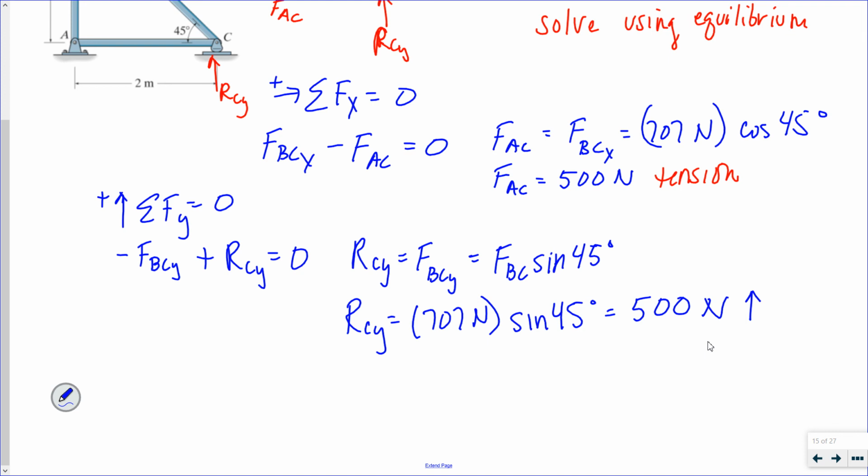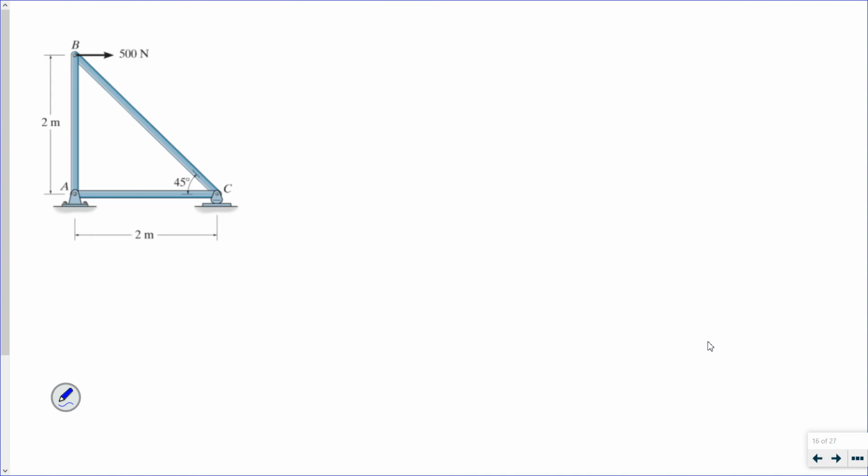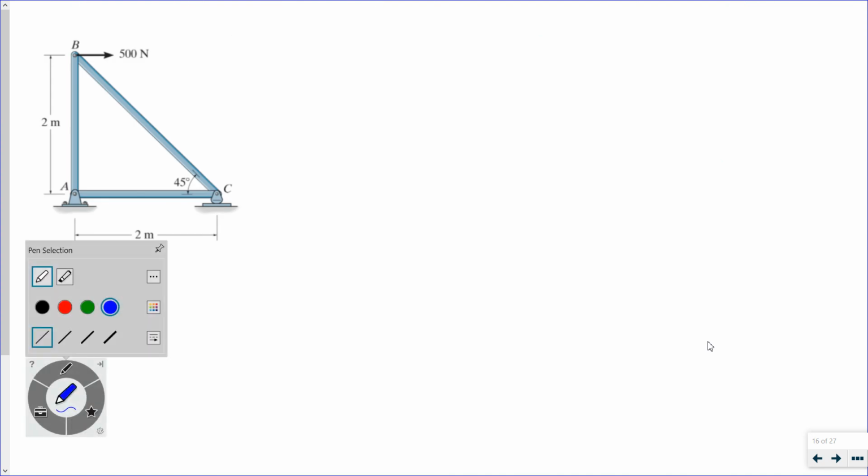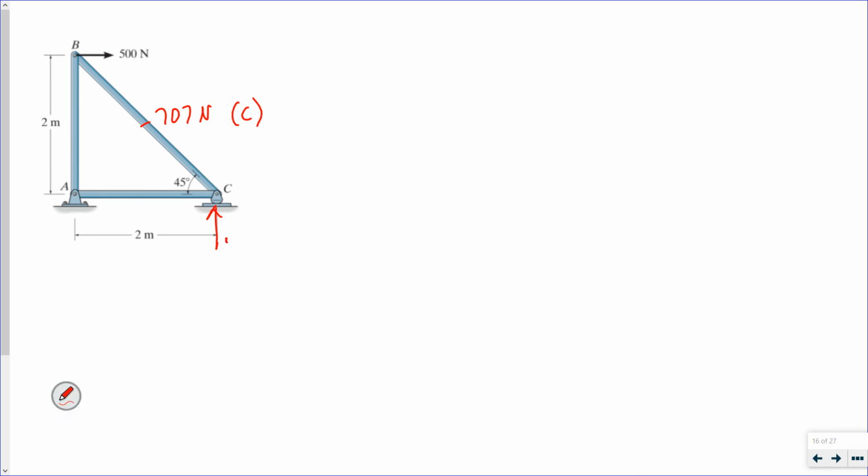Okay, so I solved for my two unknowns, and now I'm going to go back. I know that this is 707 newtons in compression. This has a horizontal or vertical component of 500 newtons. This is 500 newtons in tension.